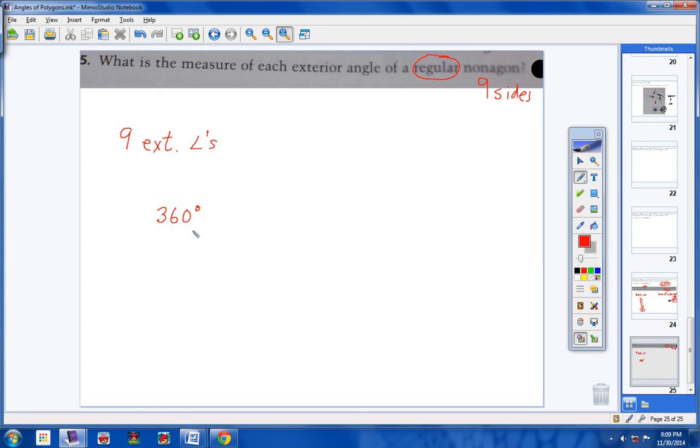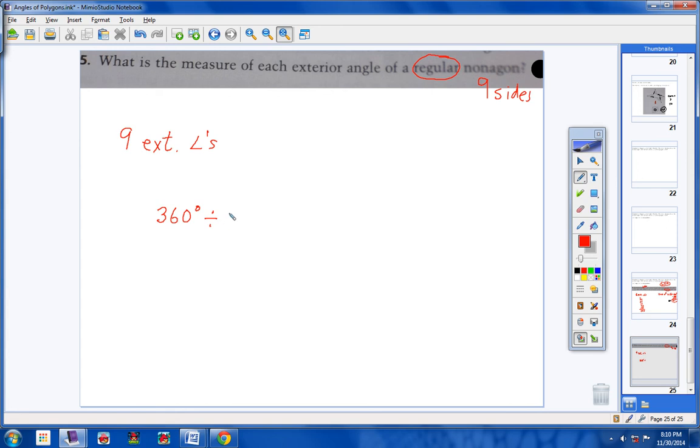Okay, always. Now, if I have a regular nonagon, that means all of the interior angles are congruent, but it also means, think about it, guys, the exterior angles will also be congruent.